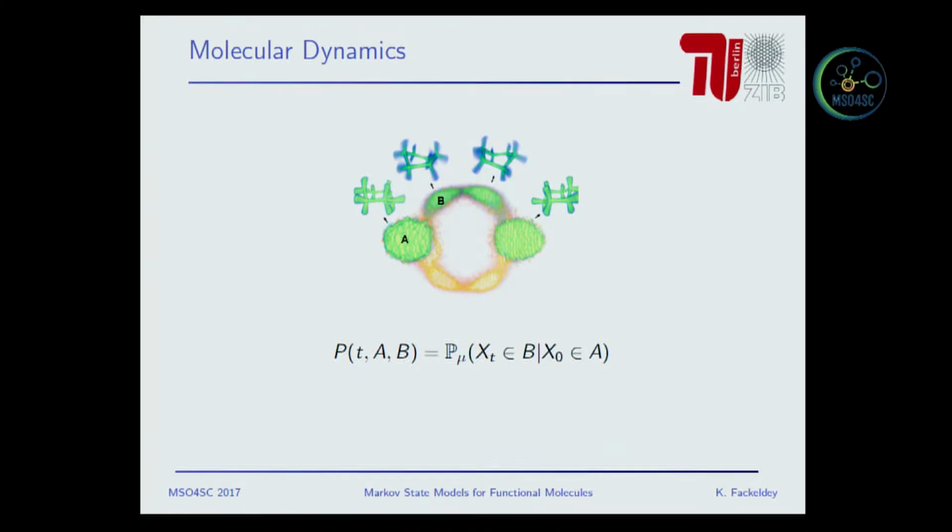We can see this as a Markov process with a transition matrix. We can interpret it in this way, and to come to this very comfortable coarse-grained description, we need once again the transfer operator, and this transfer operator allows us to compute these transition probabilities. Having those transition probabilities, we are still in an infinite dimensional space.